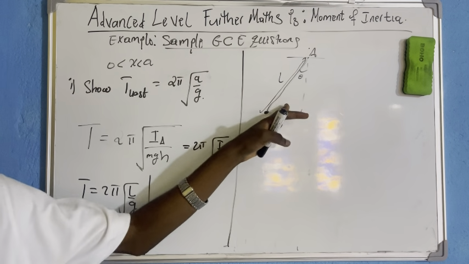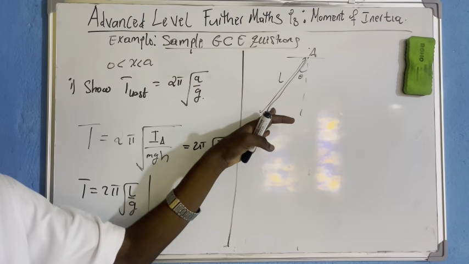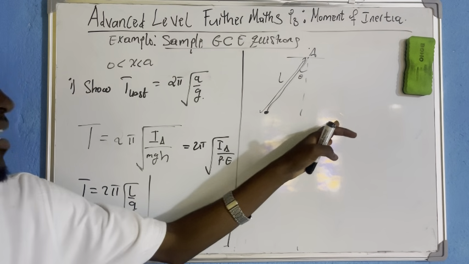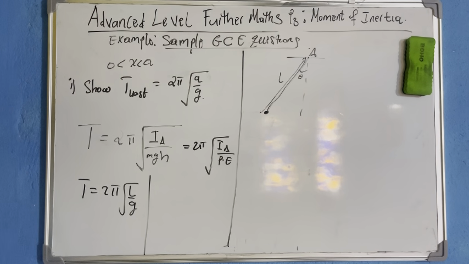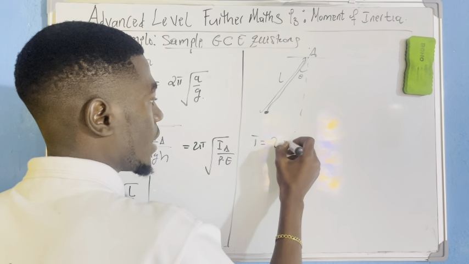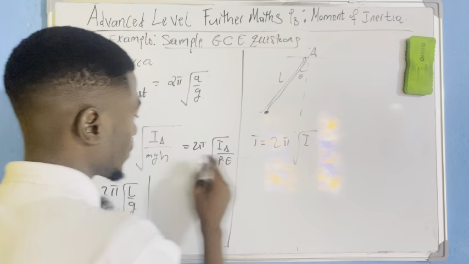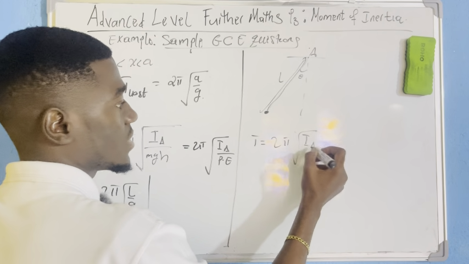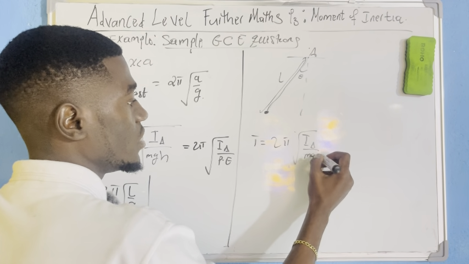You see that for this system, a mass and a string system, that is a simple pendulum, the period here will be simply equal to what? 2 pi square root of moment of inertia about delta all over mgh.